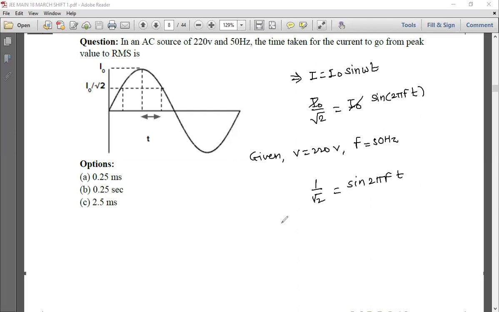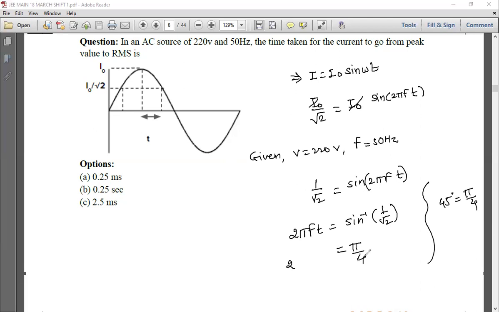So this 1 by root 2, this angle is theta, suppose. Then this 2 pi f t is equal to sine inverse of 1 by root 2. 1 by root 2 means 45 degree. 45 degree is equal to 180 by 4, so pi by 4.